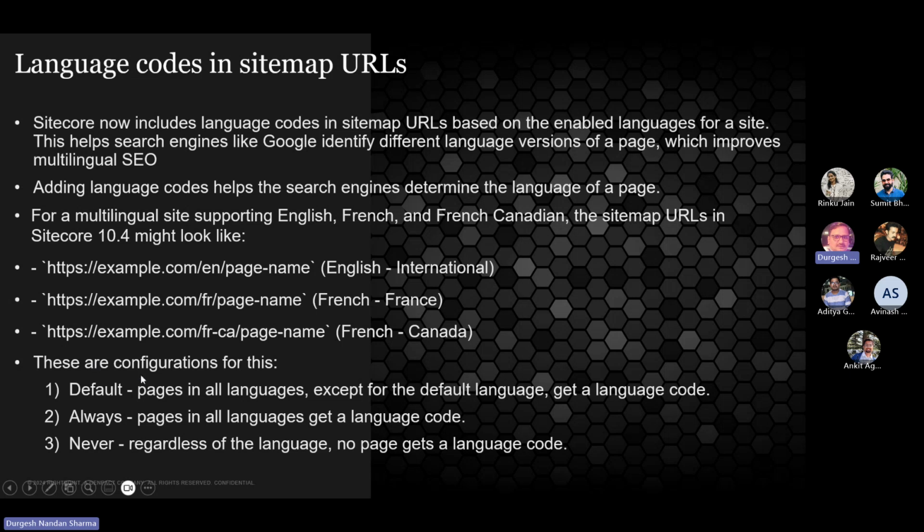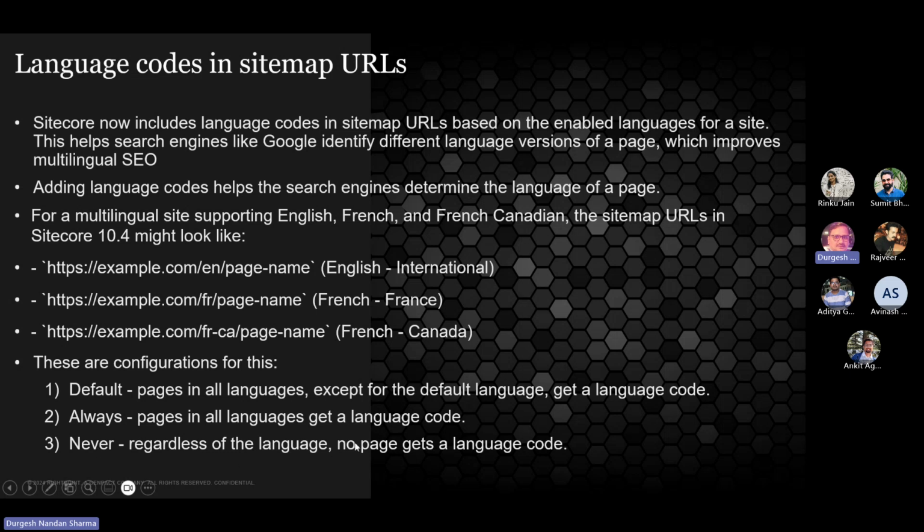There can be three types of configuration. One is default, which means the first, default language. If we are using English as the default language for the site, then except for English, all the languages will be added in the URL. Always means whether it is the default language or not, it will always add the language in the URL.